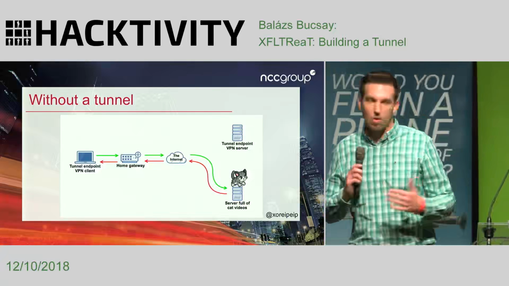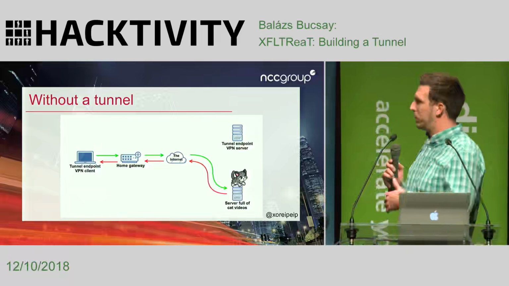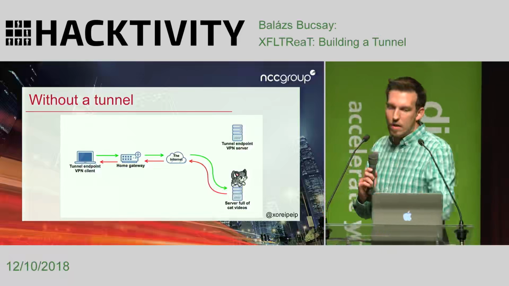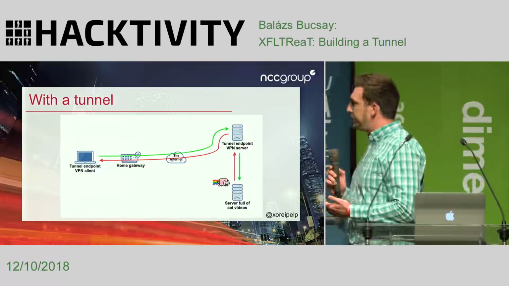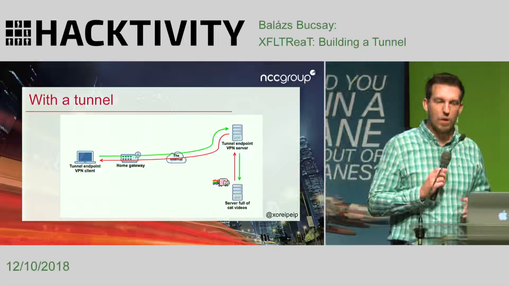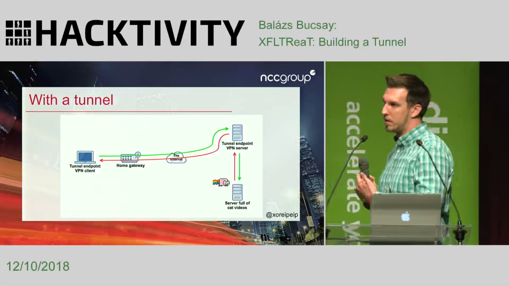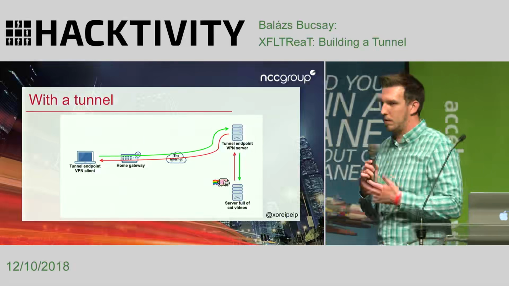And when you do that, you go through your modem or your gateway, through different routers, through different hops on the internet. But whenever you are using a VPN or a tunnel, your route will be a little bit different. You have your other server where you installed your OpenVPN service or Cisco AnyConnect VPN server, whatever.